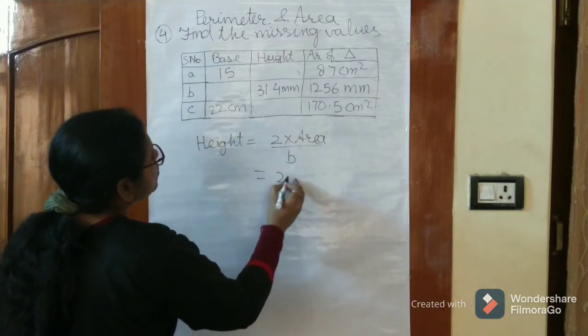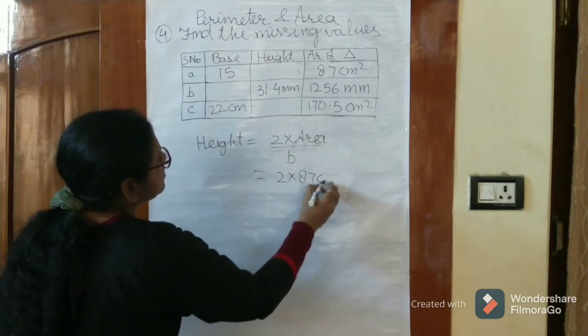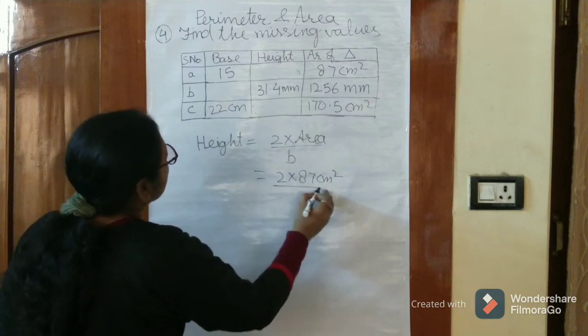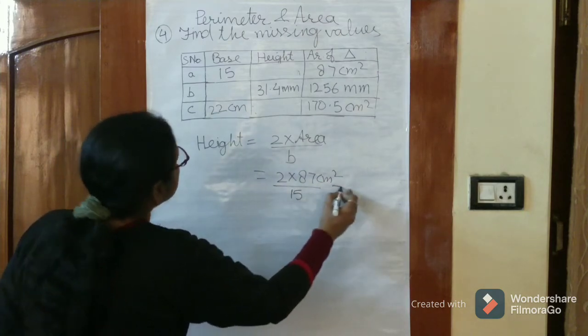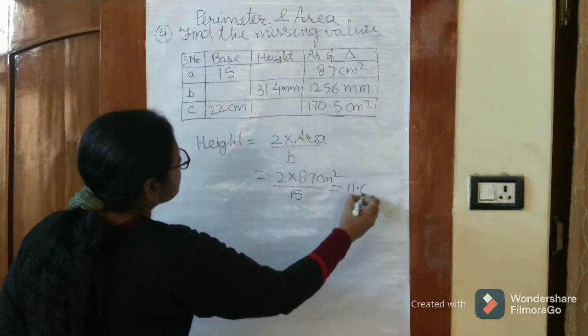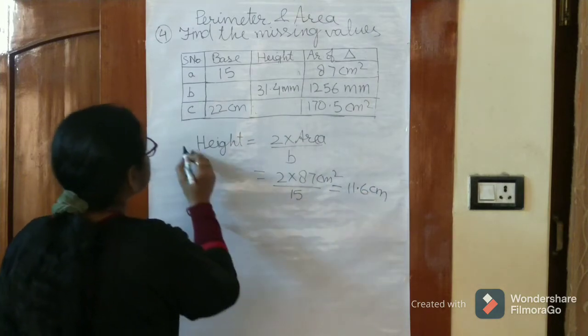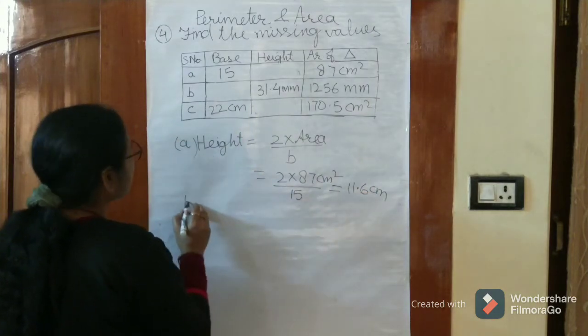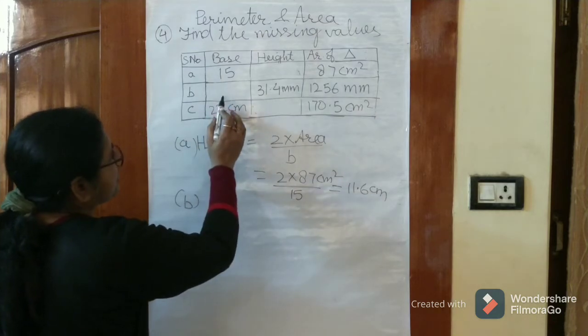So 2 into 87 centimeter square upon 15. This will give you 11.6 centimeter. This is part A. In part B, the base is to be found out.